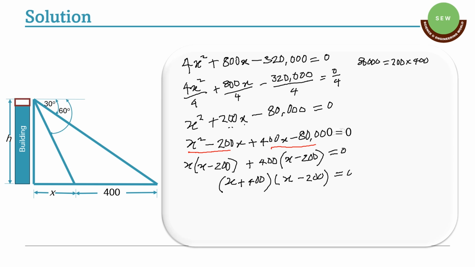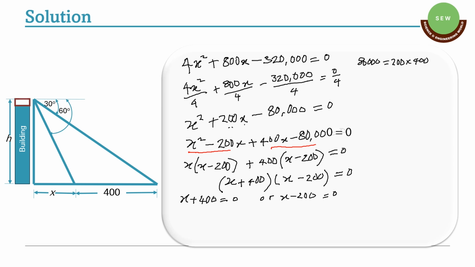So what are we saying here? We are saying that x plus 400 must be equal to 0, or x minus 200 must be equal to 0.